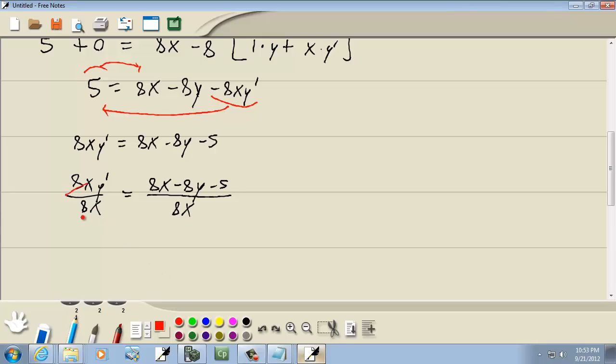And the 8x's cancel here. And we get y prime is equal to 8x minus 8y minus 5 over 8x. Now you can't cancel these 8x's because this is 8x minus this. If it was 8x times everything up there, then you could. But this is your answer.